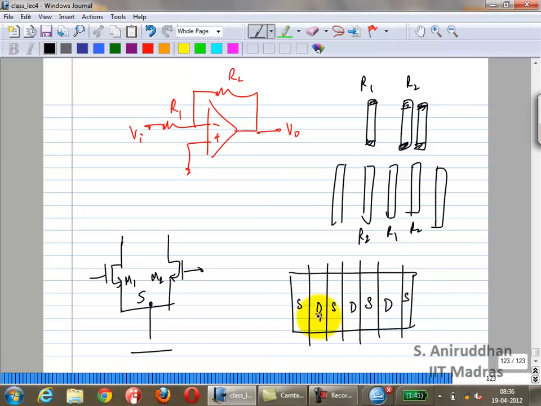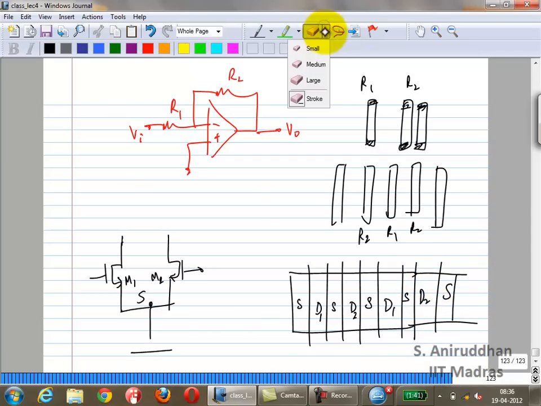So D1, D2, D1. Let me make it something like this. Right? I have D1, D2, D1, D2. So let's say in this case, you can interleave them this way.